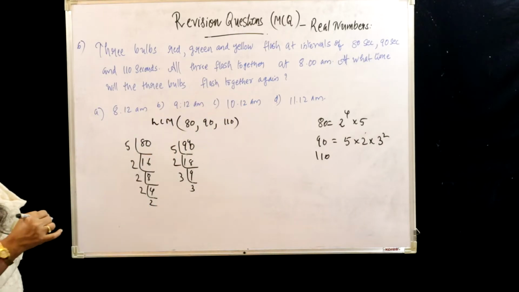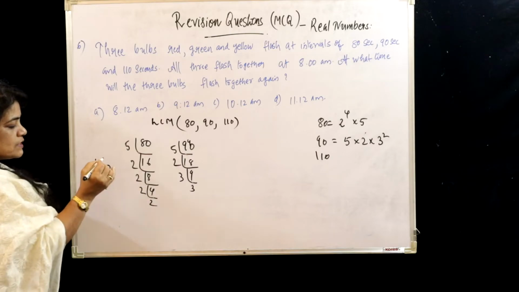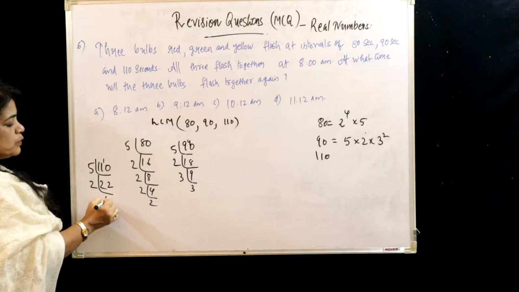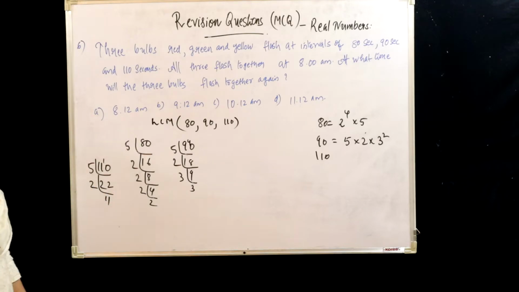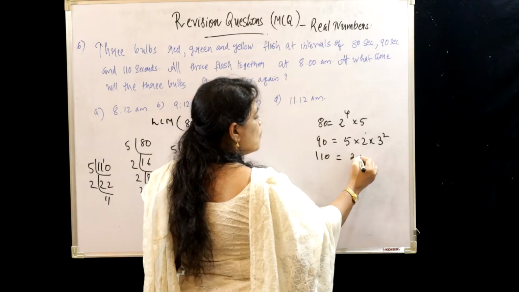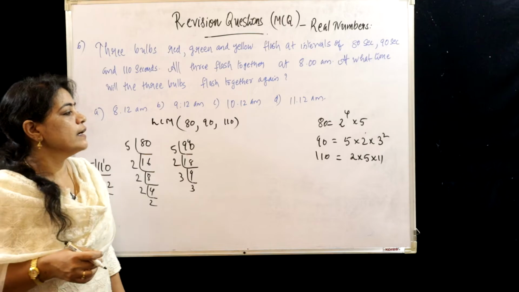Next comes 110. Prime factorization: 2 times 10, and in 10, 2 times 5. 11 is a prime number. So 2 into 5 into 11, that is 110.